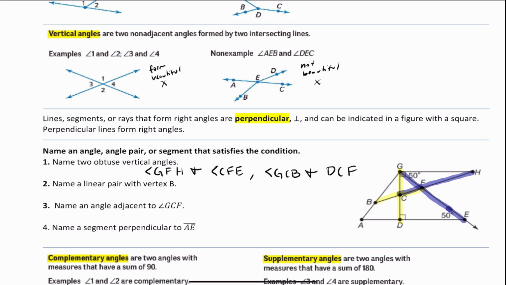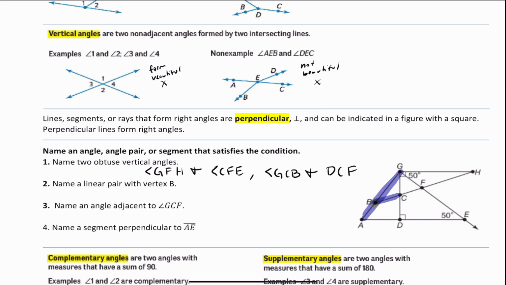Name a linear pair with vertex B. So here is the B, point B, and when we're talking about a linear pair, I'm talking about those opposite rays, or you know, that line that we're talking about. So this right here is that line with point B, and then we're dealing with angles, so we got to introduce that part there too.